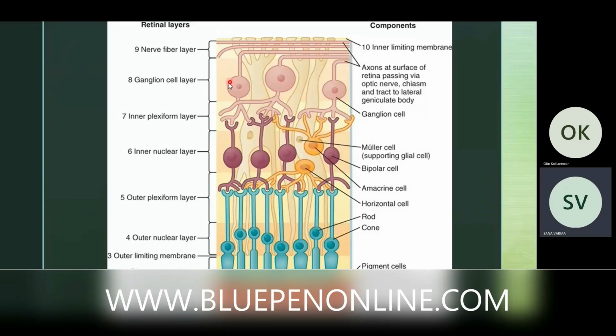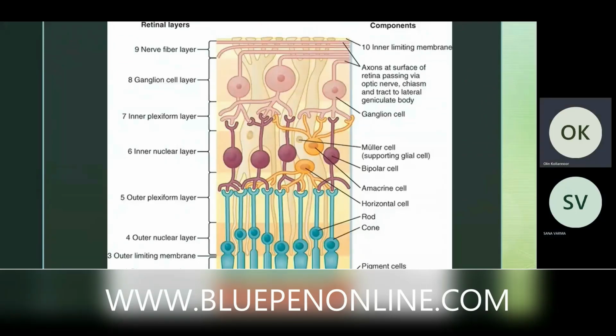After that comes the nerve fiber layer, where we can see the end portions of these ganglionic neurons, and these nerves combine together to form the optic nerve. And the last one is the inner limiting membrane, which is a very thin membrane, just like the external limiting membrane, that helps in separating these layers of retina from the vitreous humor. Is it clear now? Okay.